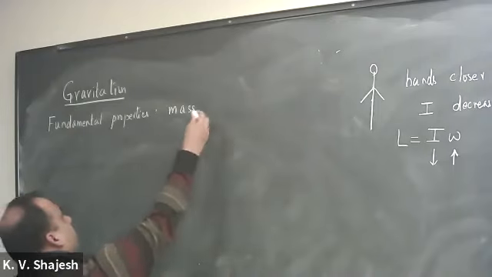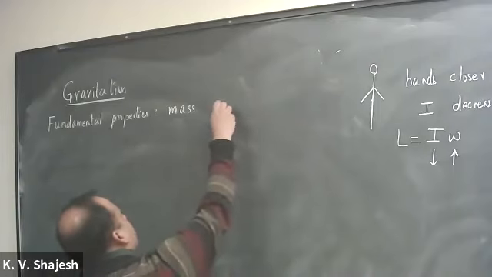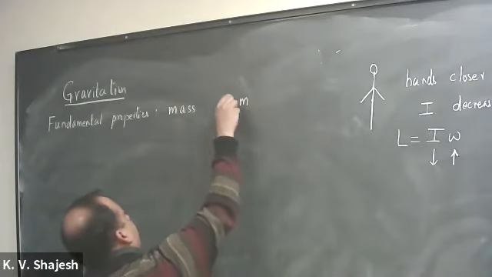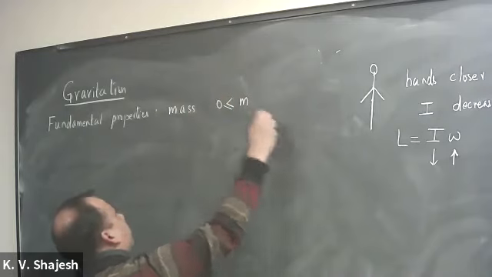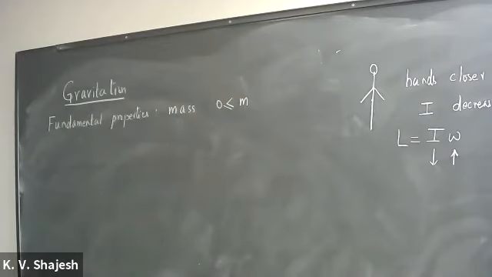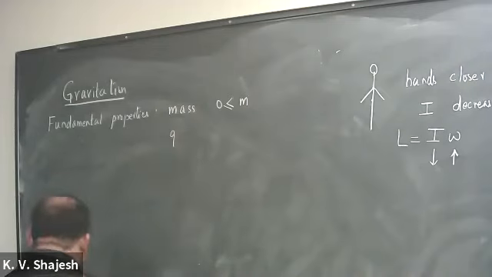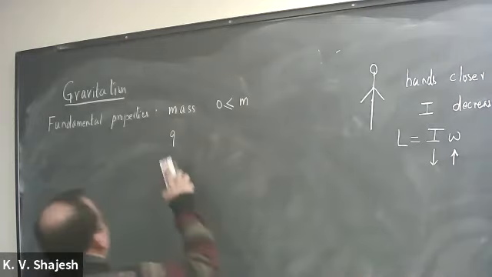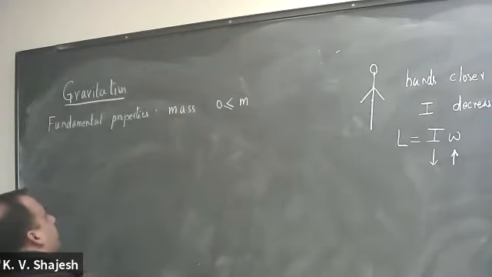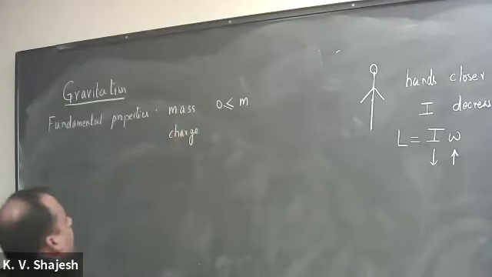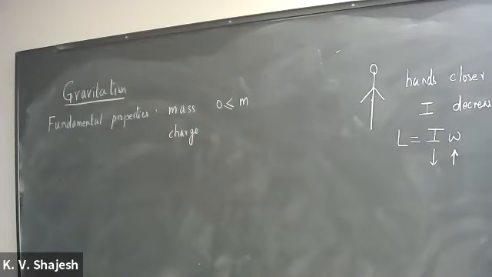The second property, and one more thing, we use m to denote mass, and it is typically larger than 0. It is never less than 0. Next is charge. Charge is the second most important property that we come across.